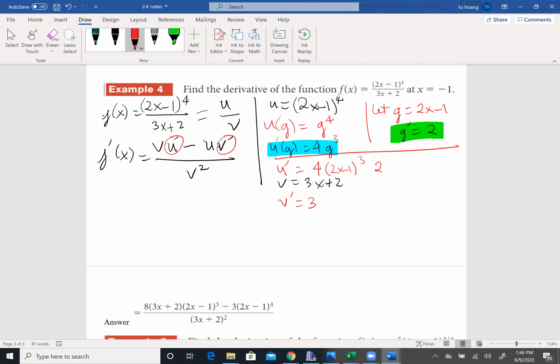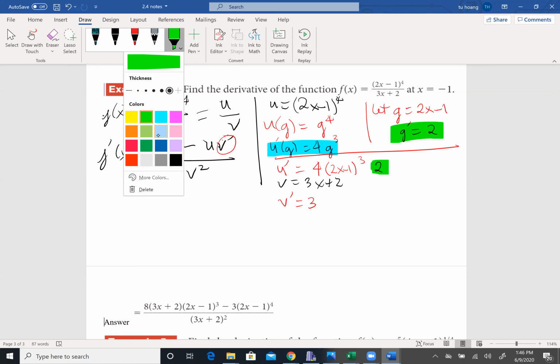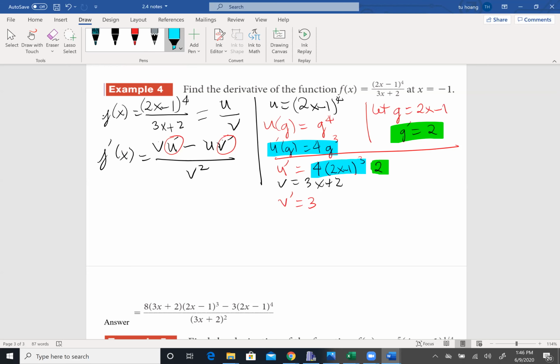Okay, so let me just make sure you still remember that the outside derivative is 4 times g to the power third, and the inside derivative is 2. So now I'm going to maybe need to move this down.